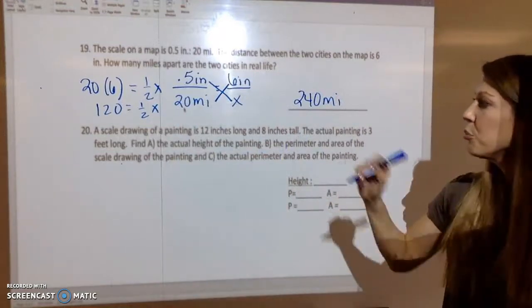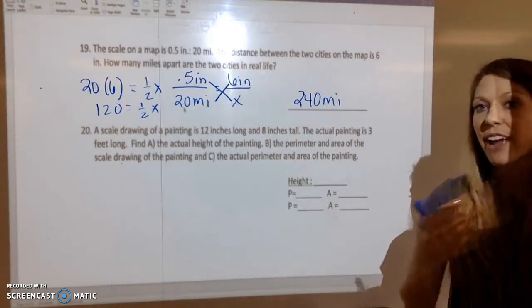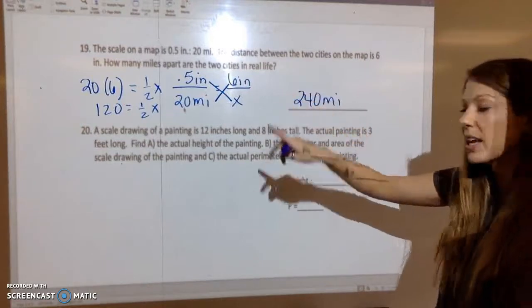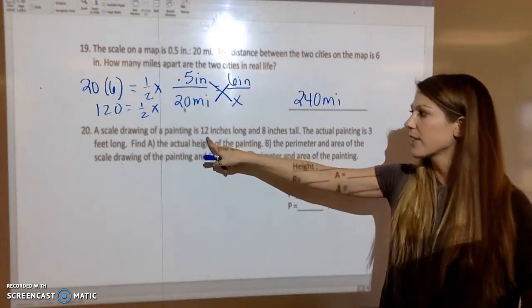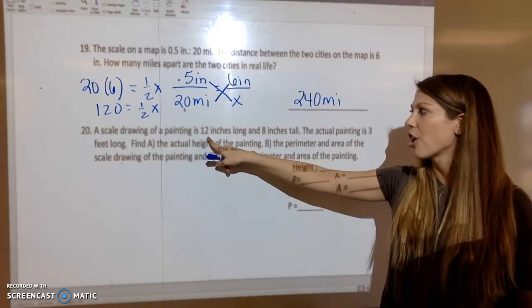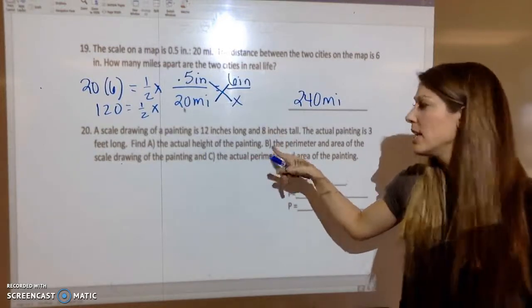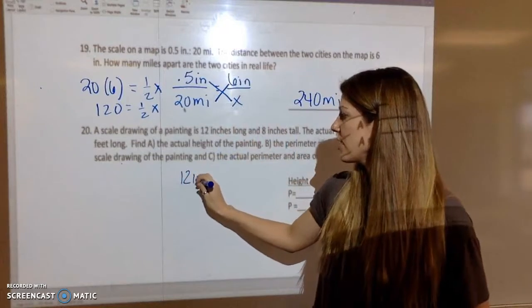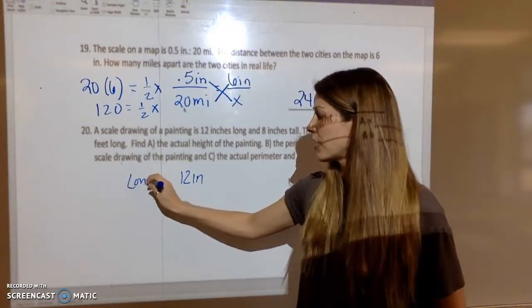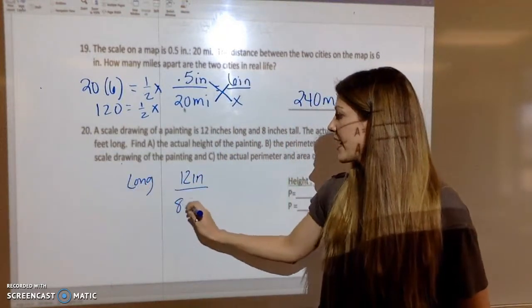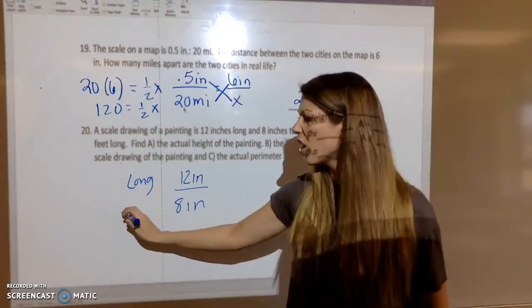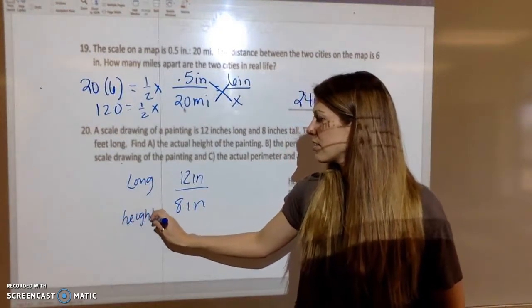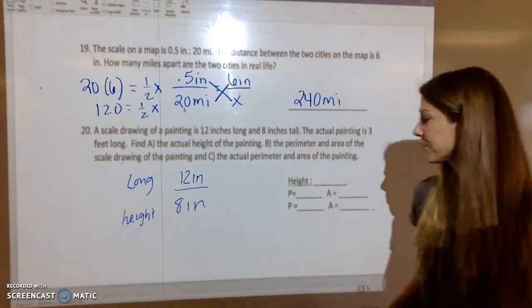All right, now 20. This one's a little bit different than the last one we just did. So this one, it says, a scale drawing of a painting is 12 inches long and 8 inches tall. So I'm just going to use that scale. So 12 inches long, so I'll put a little long there to remind myself, and 8 inches tall. So tall is like your height. So I'll do length and height.